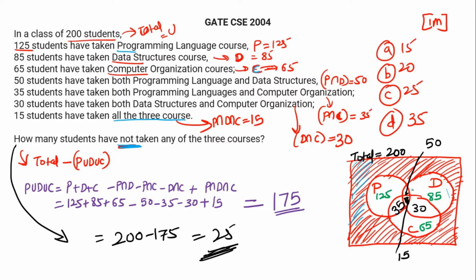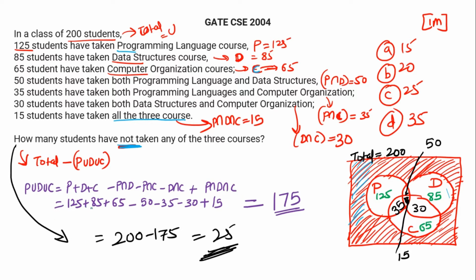Now P union D union C, from the principle of inclusion and exclusion, the formula is the addition of all of these events, that is P plus D plus C, minus the intersection of two sets, that is P intersection D minus P intersection C minus D intersection C, plus the intersection of three terms, that is P intersection D intersection C.